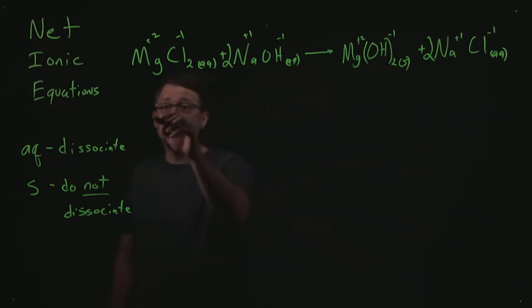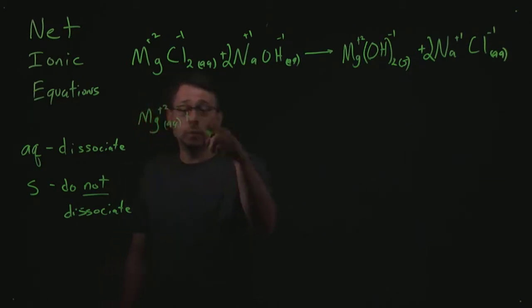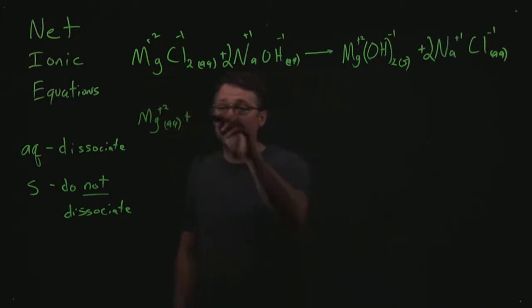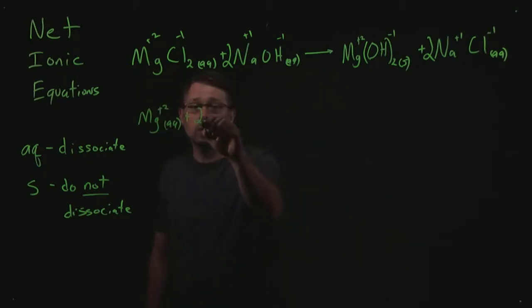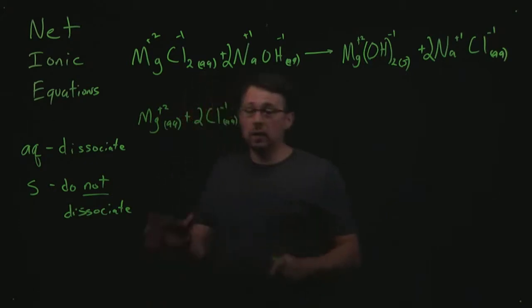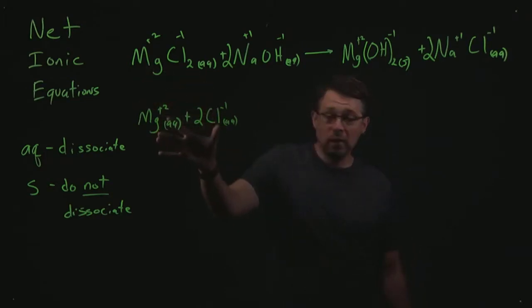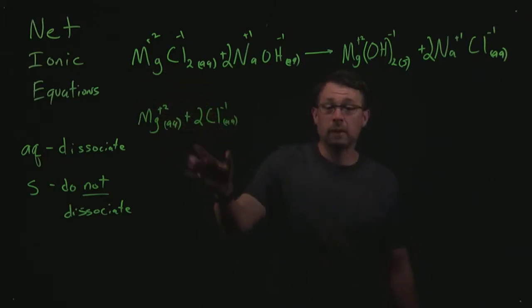So I'm going to start with magnesium chloride, and I'm going to put magnesium +2, which is aqueous, and it split up into its ions, and we know there's 2 chlorides for every 1 magnesium, so I'm going to bring that 2 in front. And so that's really what's in solution. Magnesium chloride has magnesium ions and chloride ions in it.